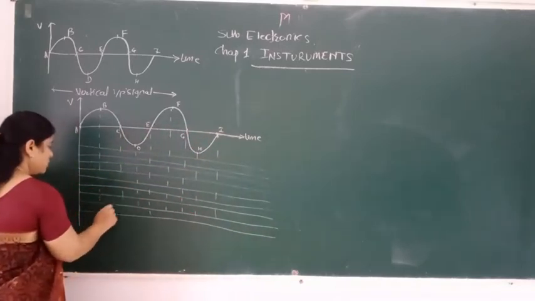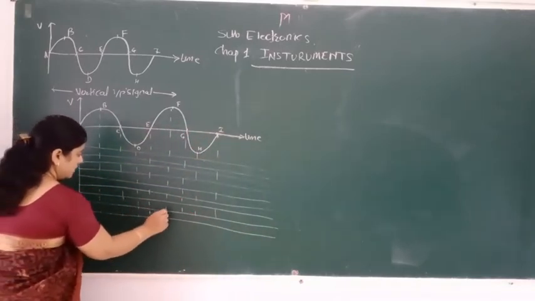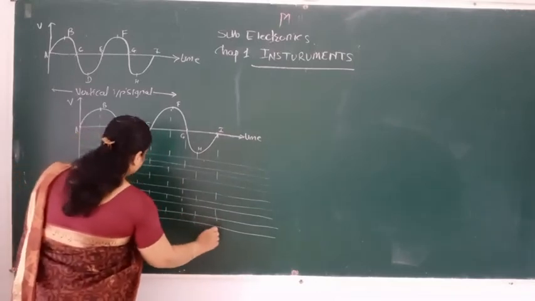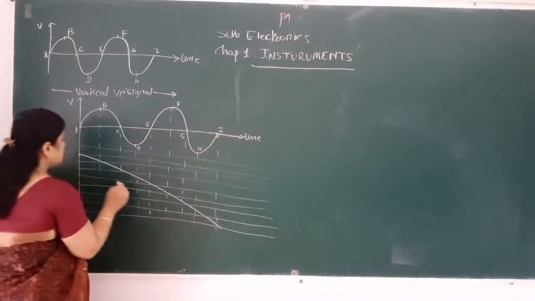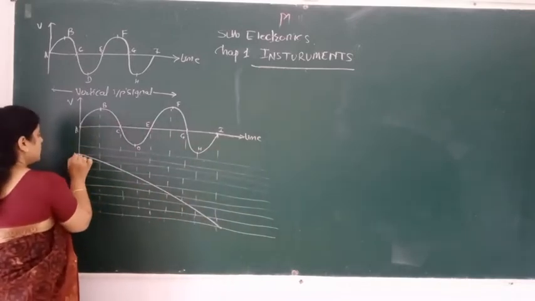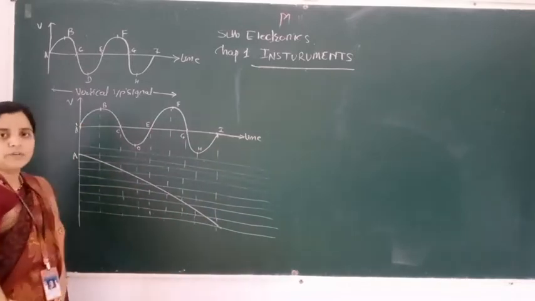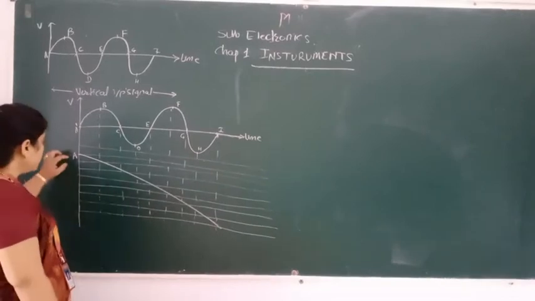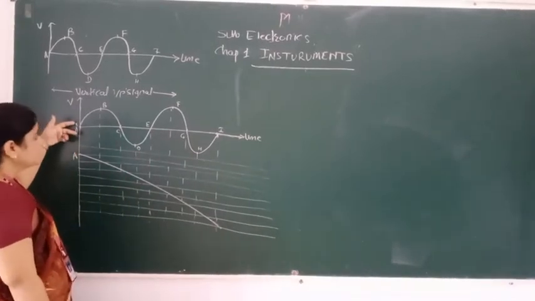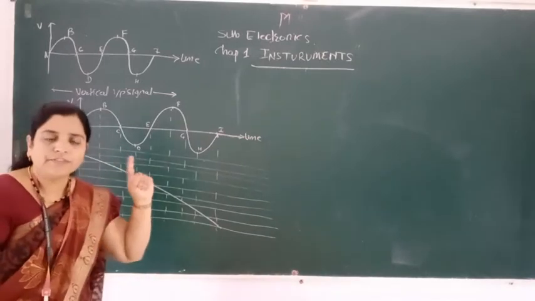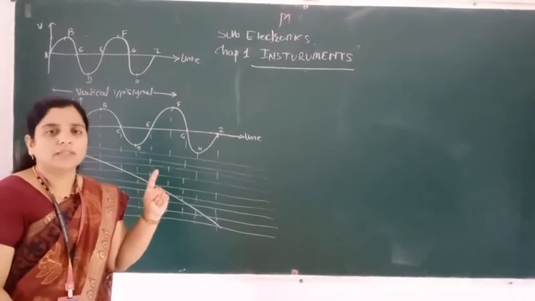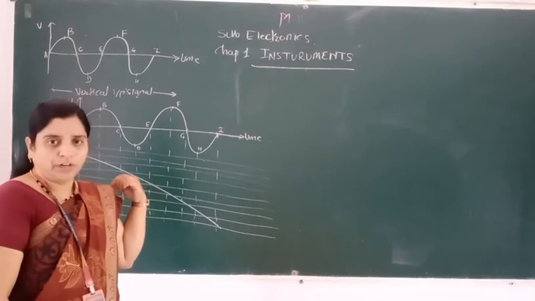I will provide you the notes as a PDF file. You can see in the notes also what happens. See, this is the A point and this is the image of the A point. If you give the signal here, it will prepare the image of that, because I have told you in the first lecture itself what the function of the CRT, cathode ray tube, is.